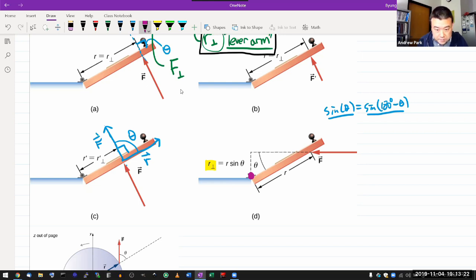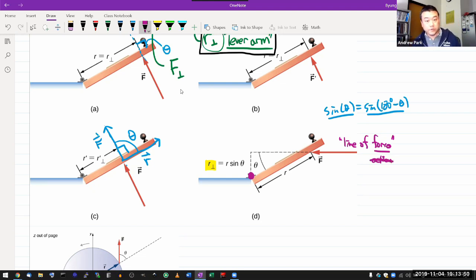So it's the distance between the center of rotation and what I like to call line of force. I think a more common phrase for this is line of force or line of action. I still prefer line of force because action is such an ambiguous term in physics. I don't like using the word action. So I'm just going to call it line of force.